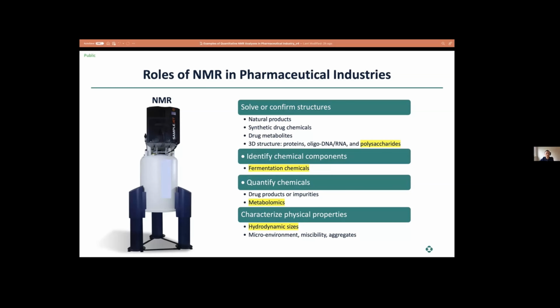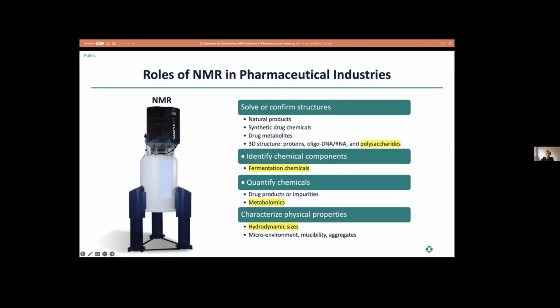Here I'm listing a few aspects. One is to confirm structures, either chemical structure or three-dimensional conformation, as you can also see from today's talks. NMR can also be used for quick identification of chemical components, for example in fermentation media, to quantify chemicals in drugs and in metabolomics, and also to characterize physical properties.